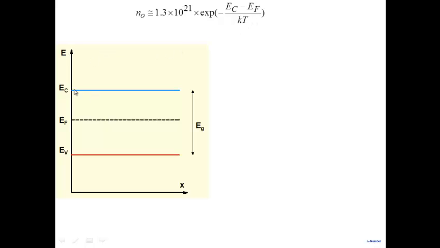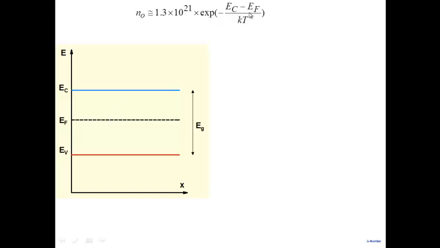I have EC, the bottom of the conduction band. I have EV, the top of the valence band. And somewhere below EC, I have EF. We calculated that for a typical value, let's say 10 power 12 or 10 power 13, it came out to be 0.5 or so. So EF appears to be somewhere in the middle of the energy gap.